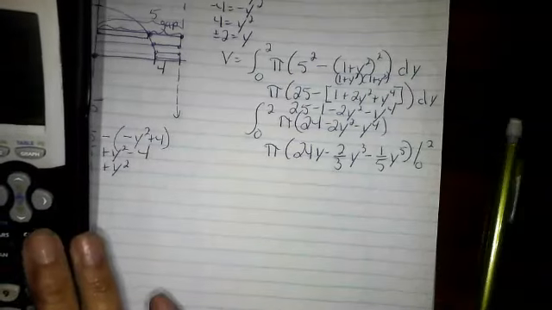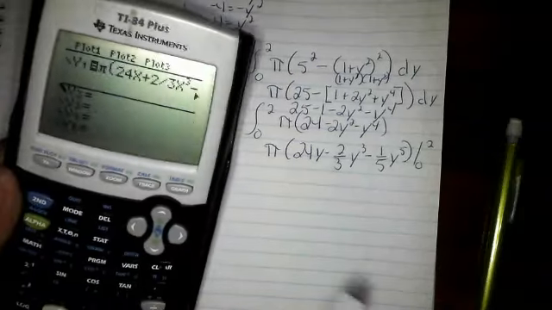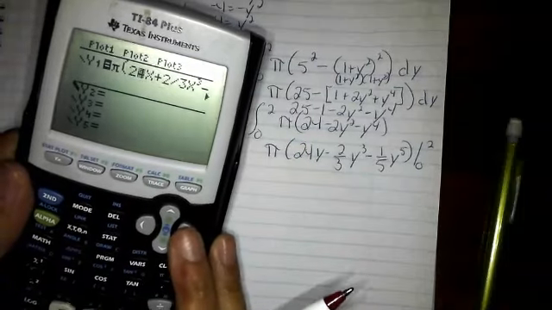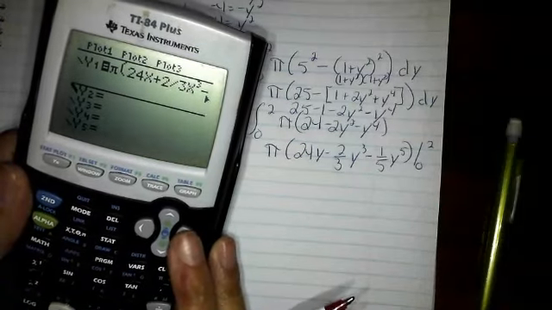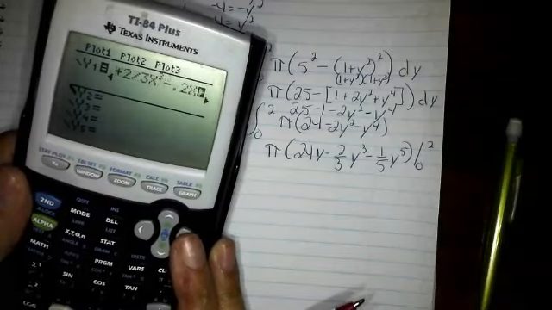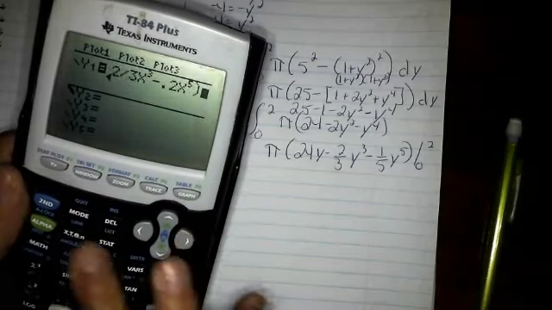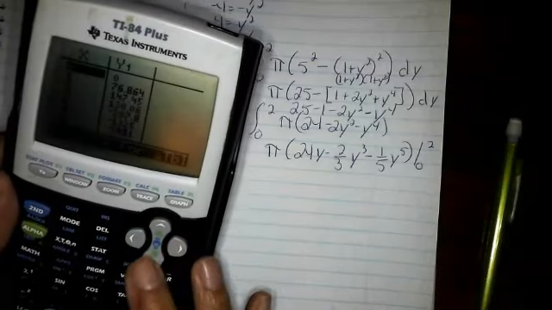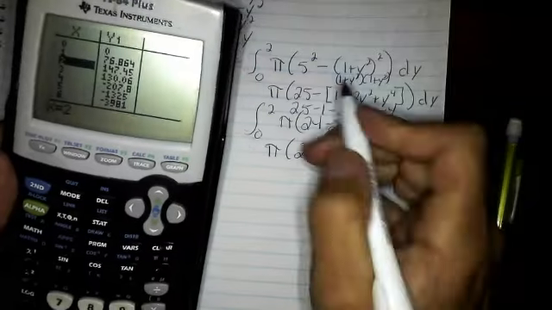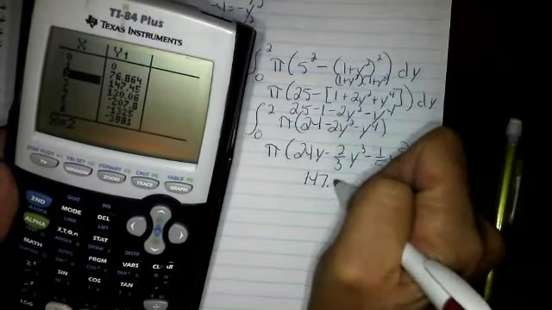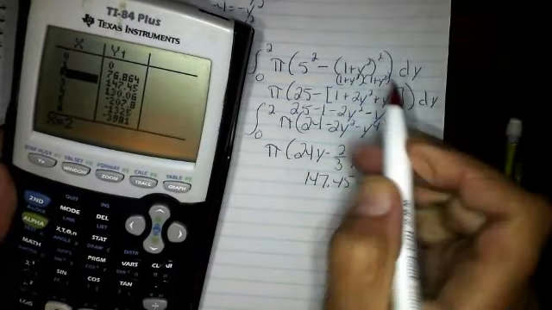Let's see. Oh, I think I have it in already. Pi 24x minus 2/3 x cubed minus 0.2 x to the 5th. I did. So 2 is 147.45 minus the 0 is 0.